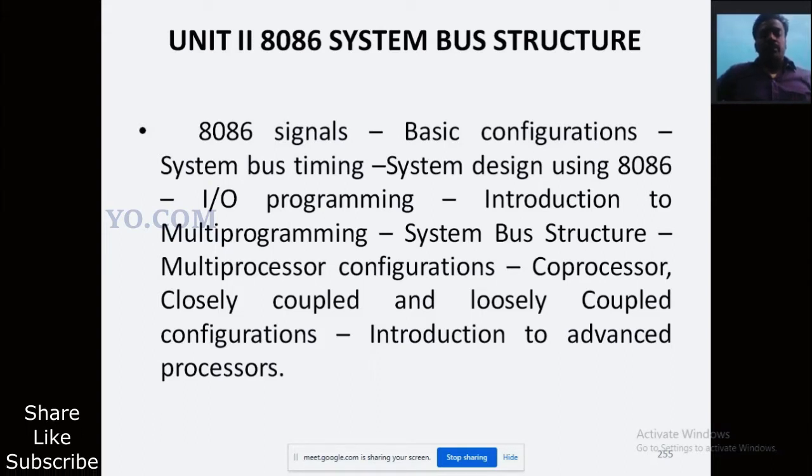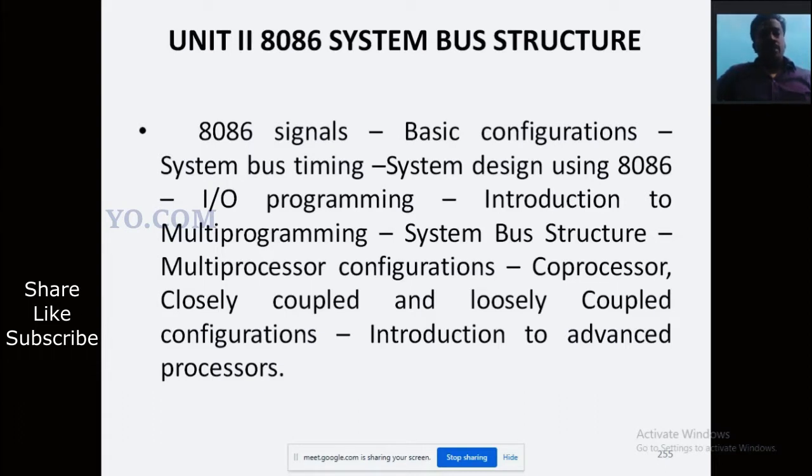In system bus structure we are going to study the signals of 8086 and the basic configuration, that is, how the 8086 is configured in different ways: minimum mode configuration and maximum mode configuration. Then system bus timing and system design using 8086.